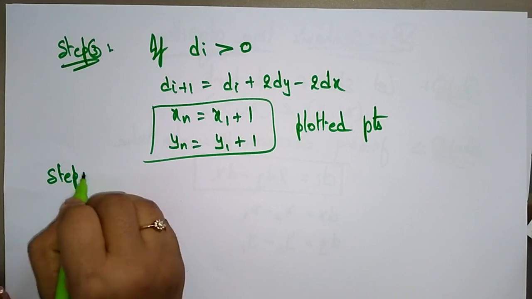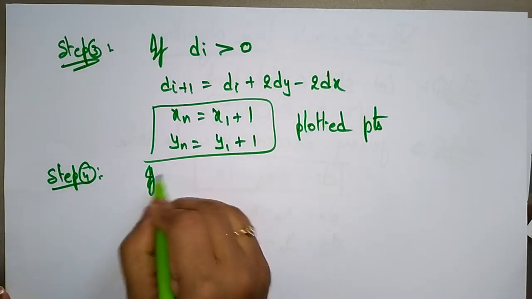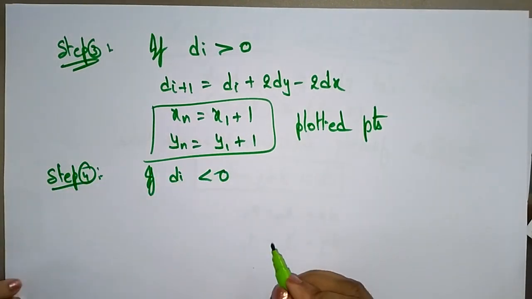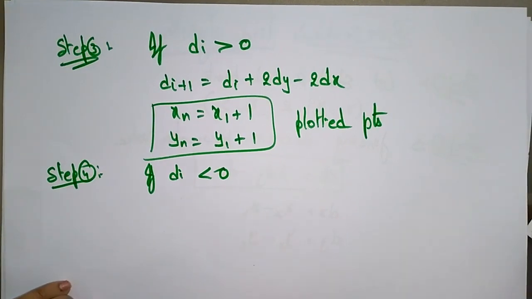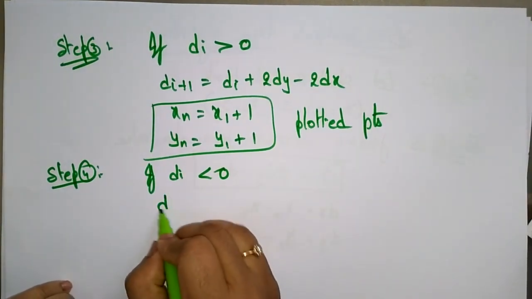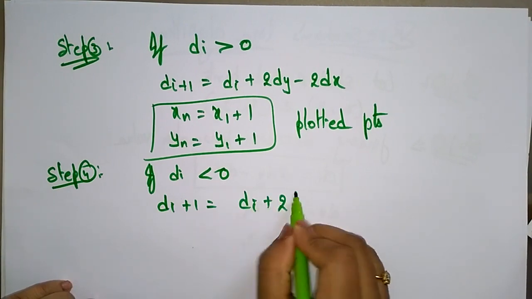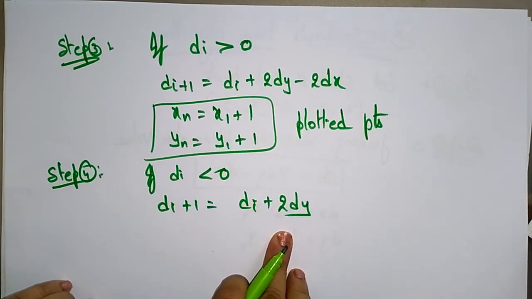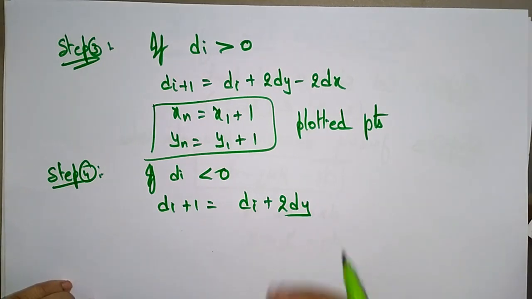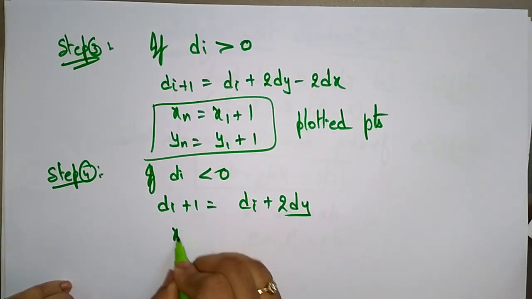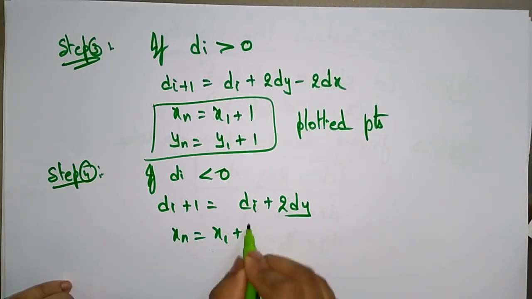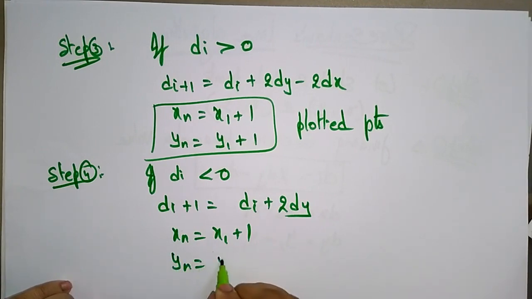Step 4. Suppose di is less than 0, then what do I have to do? di+1 = di + 2dy only. The next decision parameter is di + 2dy, and here xn is x1 + 1 and yn is only y1.